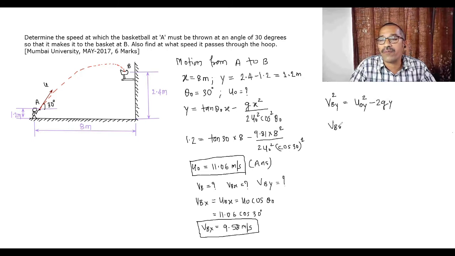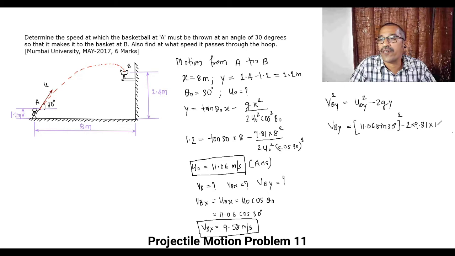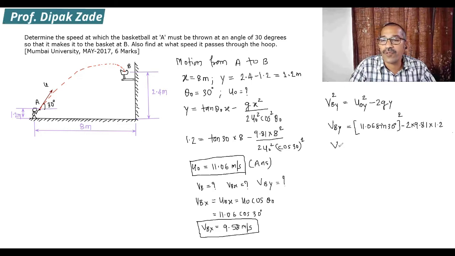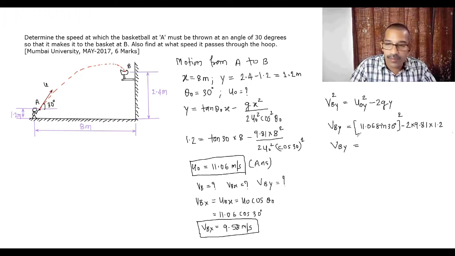VBY is the unknown term. u0y means u0 sine theta 0, which is 11.06 sine of 30. This is u0y, minus 2 into 9.81 into the y value, 1.2 meter. Therefore, if you calculate using a calculator, this VBY answer comes out to be 2.65 meters per second. So this one is our vertical component.